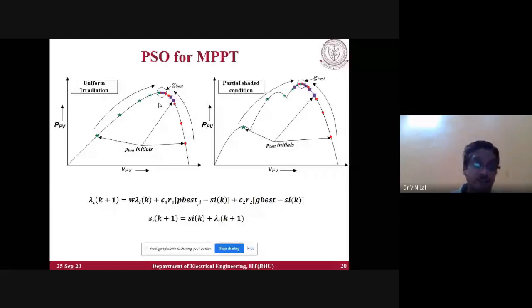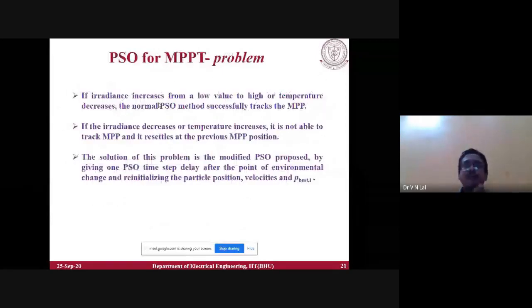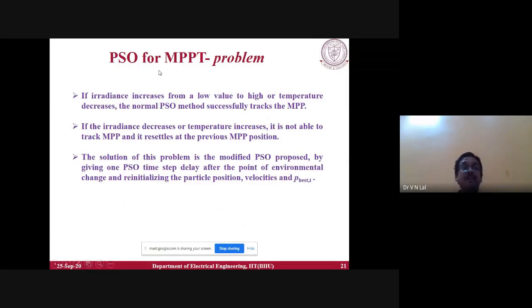If you are getting some medicine, it will have some side effects. So there is one basic problem which was identified when PSO was being used. We want to discuss that problem. Very simple problem, and very simple solution.